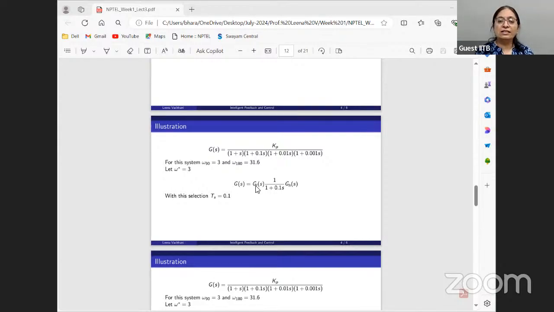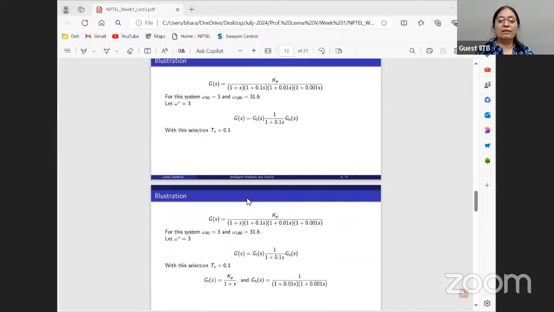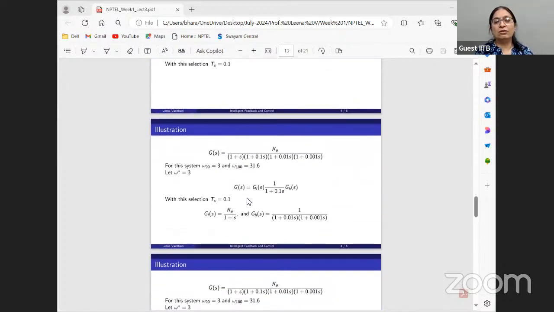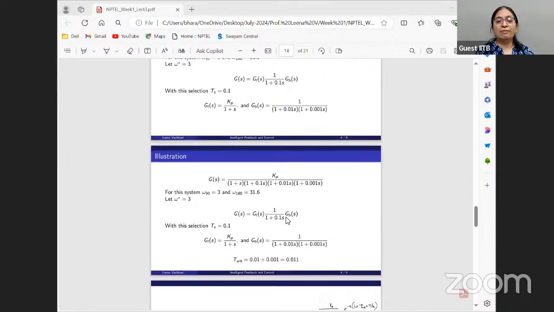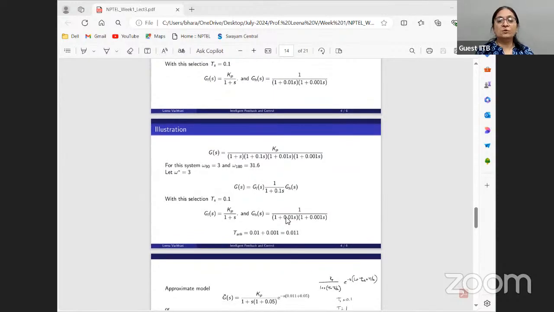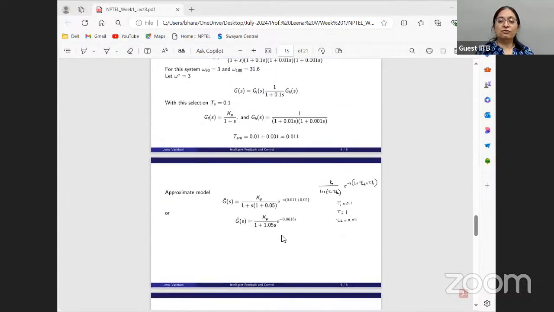So my GL of S is only the low frequency part, which is 1 by S, whereas the high frequency term turns out to be this. So my Ts is now 0.1, and then we'll calculate based on what my GL part is and what my GH part is. The GH part gives you this particular average residence time, which we substitute directly into the half rule, and we get it.